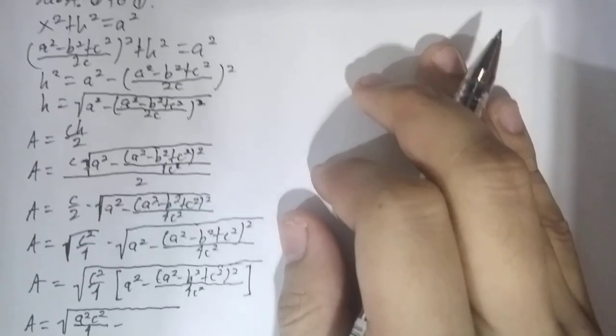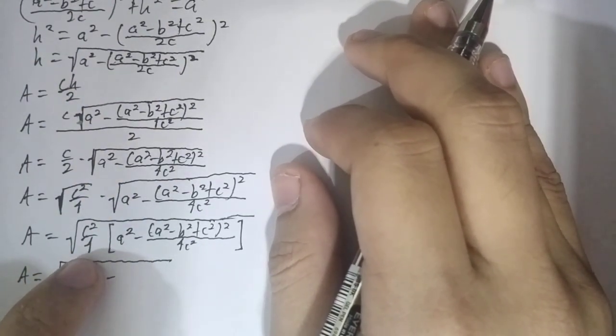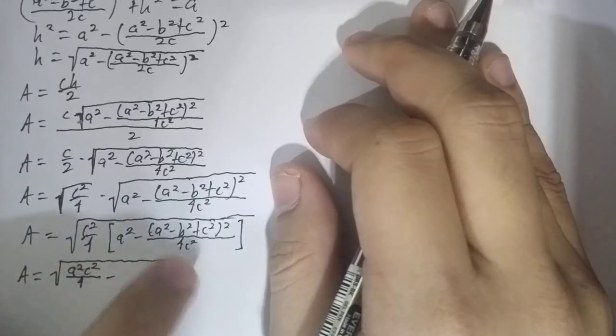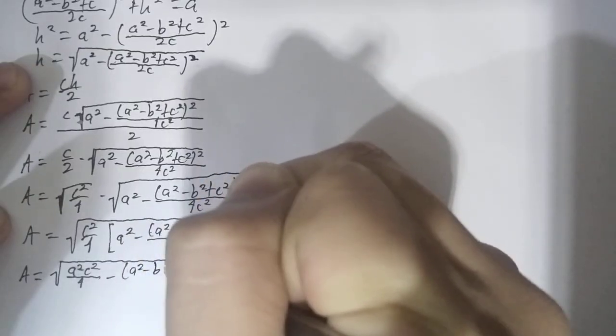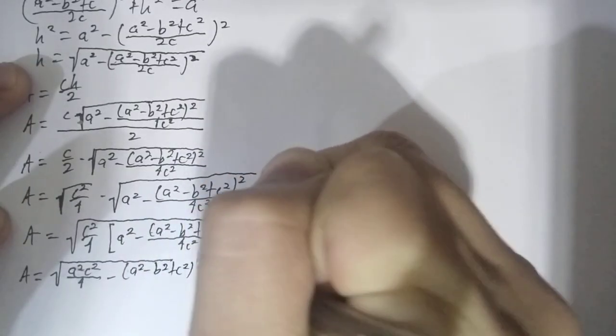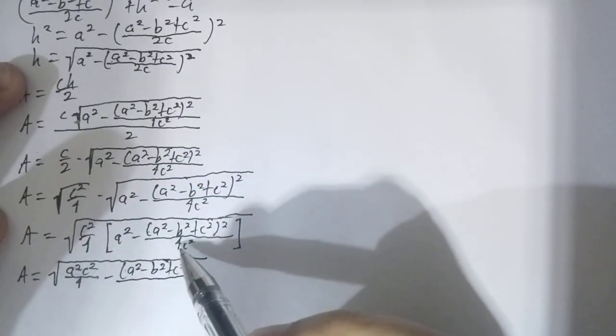And this would just leave us with the denominator 4, and 4 times 4 is just 16. So this would leave us with the square of (a squared minus b squared plus c squared) all over, again, 16.